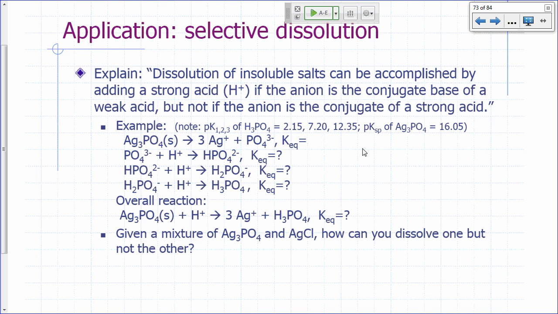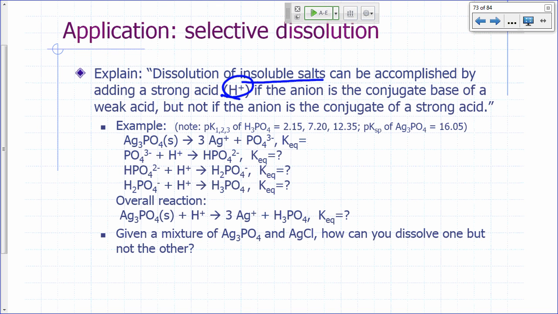Here's one practical application in the lab of the concept of equilibrium. If you have an insoluble salt in the lab and you want to dissolve it, one way you could dissolve it is by adding acid to it. If you can't get it to dissolve in water, one common technique in the lab is to add acid to it. It might dissolve.